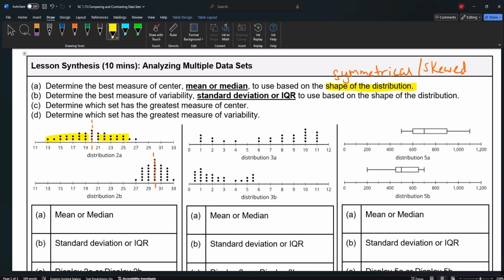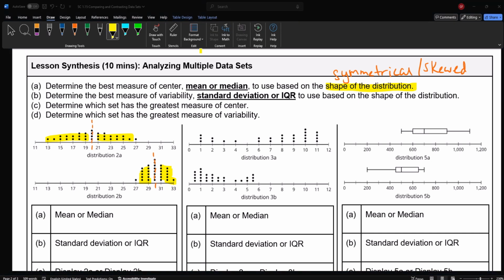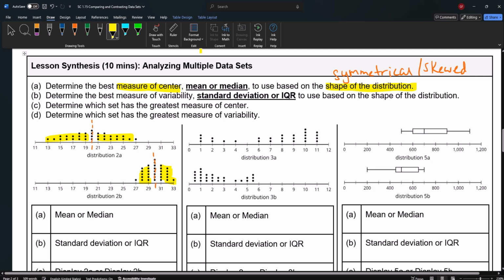My left side lines up with my right hand side. If your data set is symmetrical, the best measure of center for symmetrical distributions is going to be the mean. So we're going to be using the mean for the measure of center.